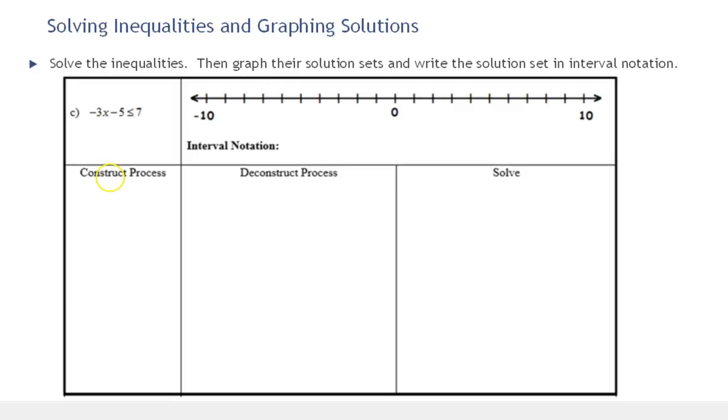Okay, construct process. First, x is multiplied by -3. Then we have that product is decreased by 5. And the result is less than or equal to 7.